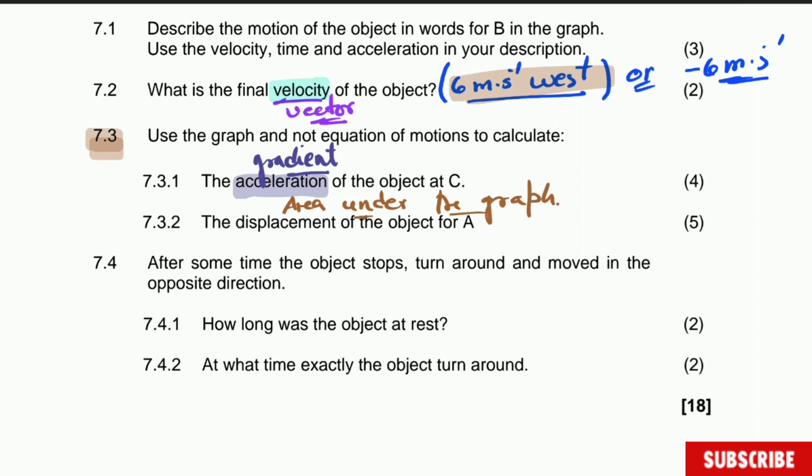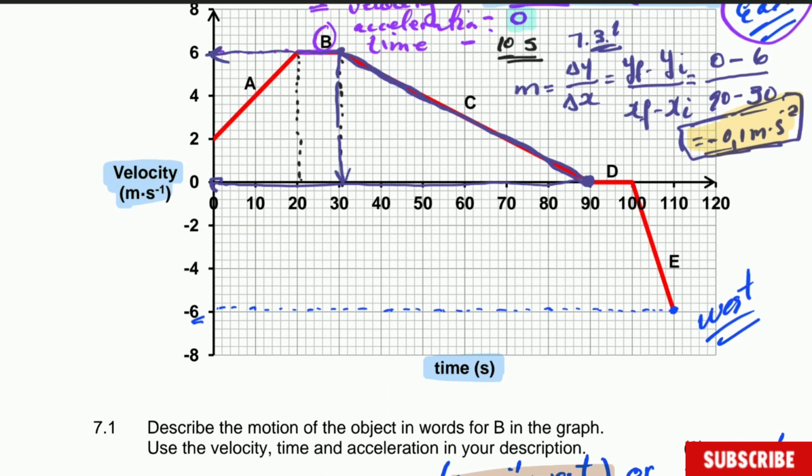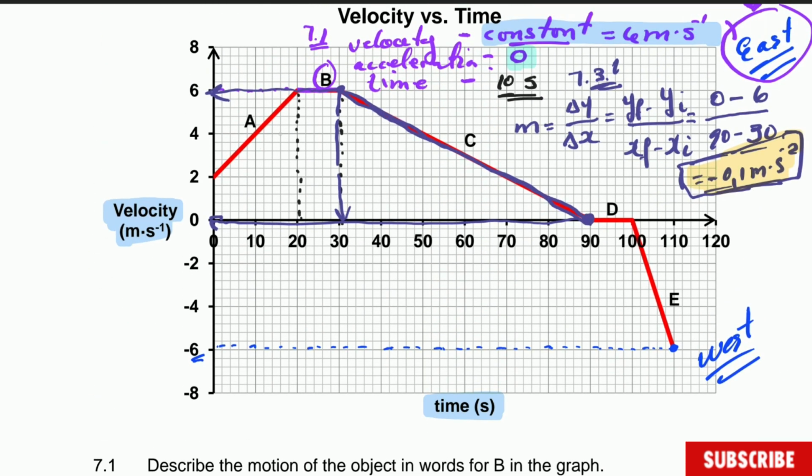Okay, the area under the graph will be giving you the displacement for that object at A, for the part of the graph at A. So when you coming back to the graph, now A is this first part here on the graph. Now what will the area be? The area will be all this part here below up until the x-axis. This is the area we're speaking about, and the area there is going to be equal to the displacement.